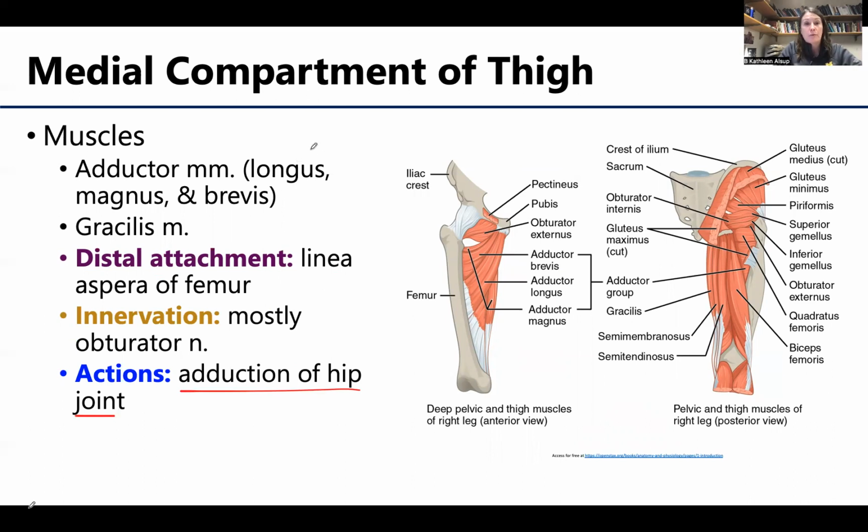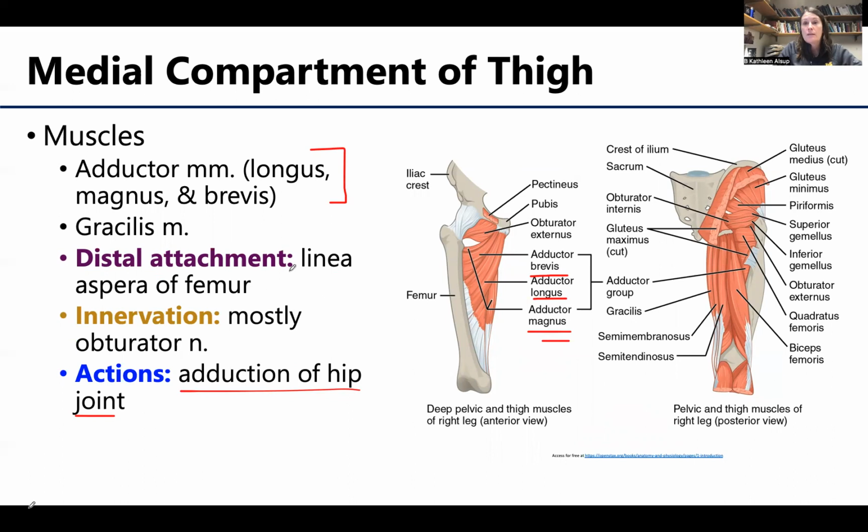So you will literally have three muscles that have adductor in their name. You'll have the adductor longus and brevis, and then you'll have the adductor magnus, which, as its name would suggest, is quite large, but generally you can see it a little bit better from a posterior view.